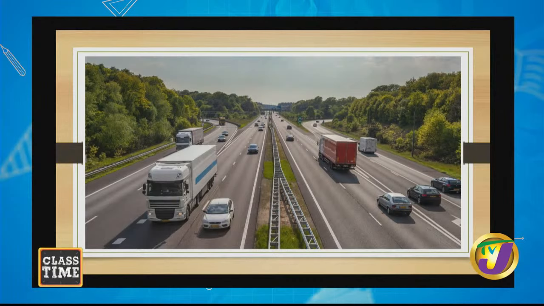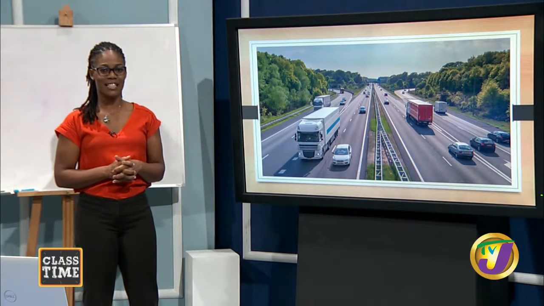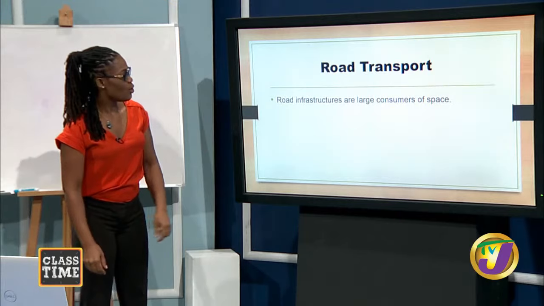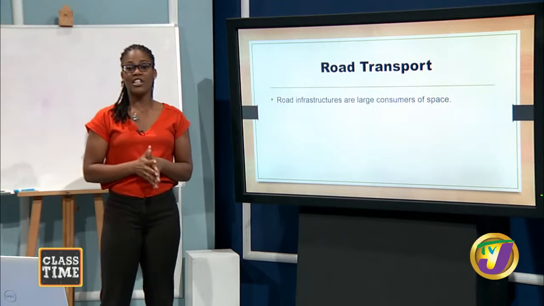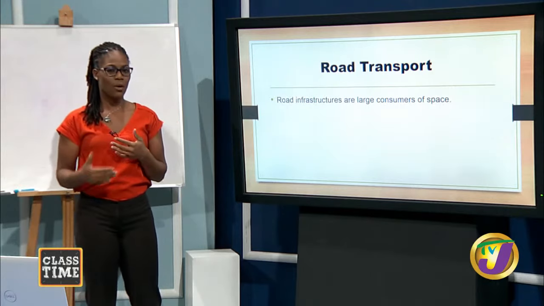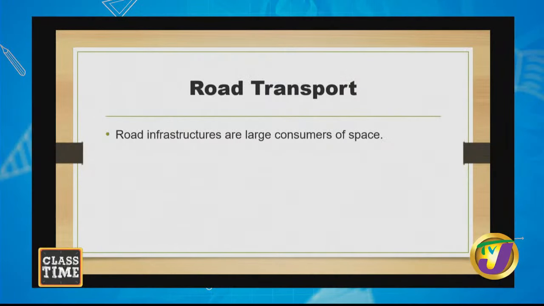Now, road transport. How important is road transport to logistics? Let us explore. Now, road infrastructures are large consumers of space, and we can attest to that. We see the traffic pile up on the roads on a daily basis, right?